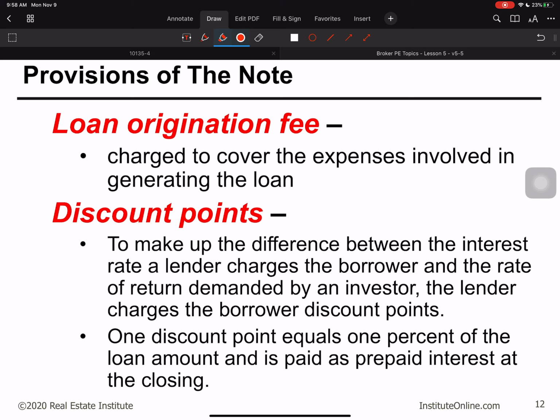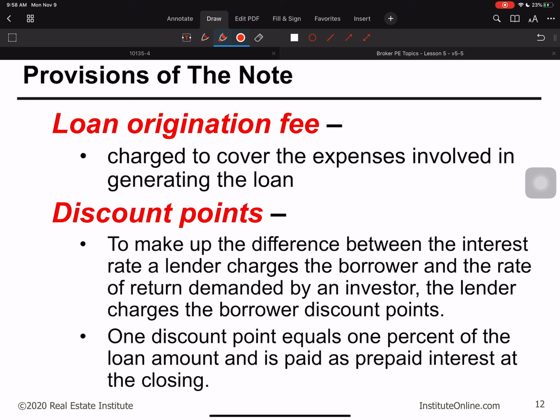Discount points. Discount points are used to make up the difference between the interest rate the lender charges the borrower and the rate of return demanded by investor. The lender charges the borrower discount points. One discount point equals 1% of the loan amount and is paid as prepaid interest at closing.